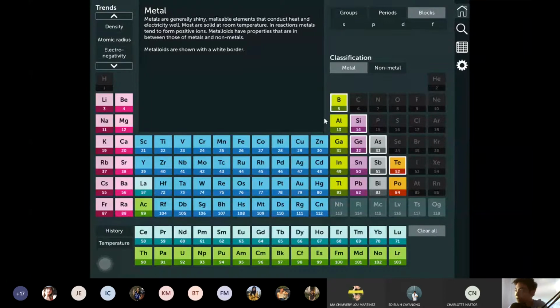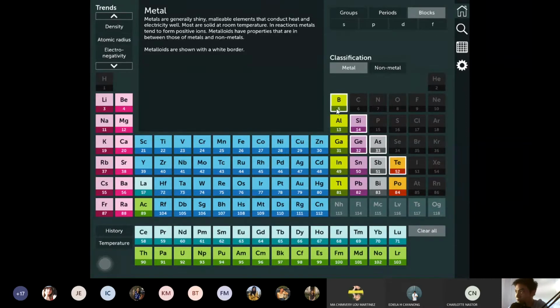Ibig sabihin nun, they really don't like to follow the octet rule for the reason that they don't like electrons that much. Pwede silang mag-form ng bonds, yes. Pero, hindi nila ganun ka-trip yun. Kasi gusto nila mamigay eh. Parang, sige, okay, tanggapin ko, pero ayaw ko talaga. Parang yun yung ganap ng mga atoms in the p orbital na metals.